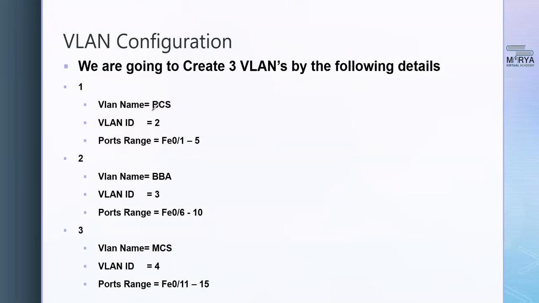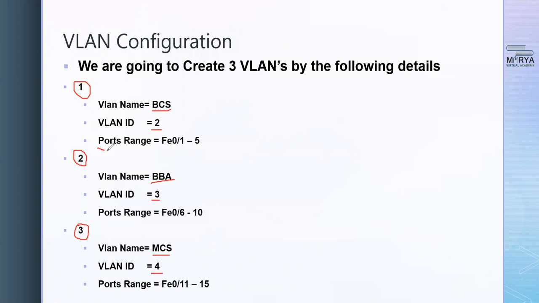The VLAN name will be BCS and the ID will be 2. That is my first VLAN. My second VLAN name will be BBA and the ID will be 3. My third VLAN name will be MCS and the ID will be 4.